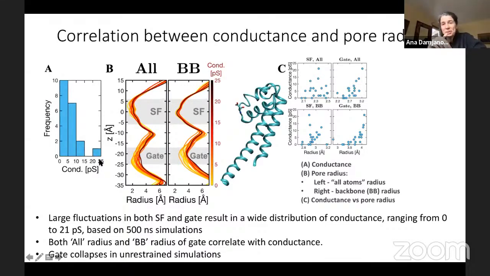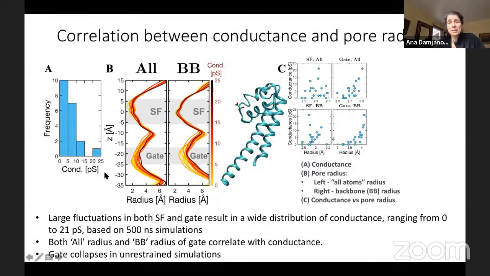Initially we only had 3 simulations, then we decided to submit 17 more, so we had a total of 20 simulations, each about 500 nanoseconds long. Again we get a distribution of values, with a lot of them with very poor conductance and some higher conductance. The experimental value is about 33, so they were all smaller than 33. We were wondering what's going on here, and why these conductances are so different.